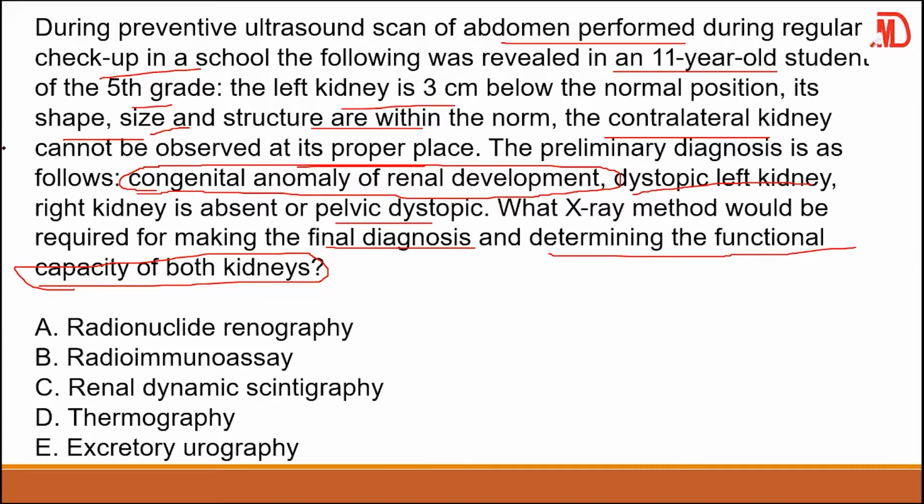And don't forget, this patient has already been diagnosed with a congenital abnormality. So you want to look at the functionality of the kidney, and therefore we have to use scintigraphy. So your answer should be C. Renal dynamic scintigraphy. All right.